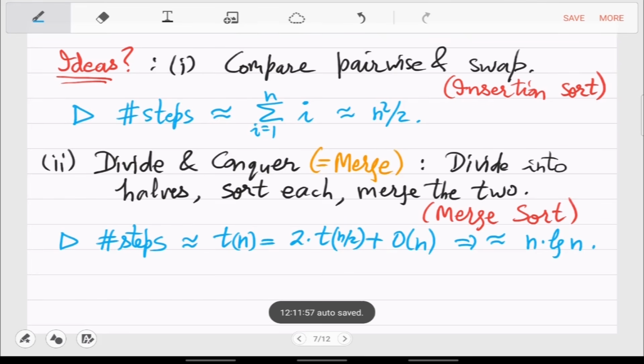This lg will always be log to base 2 in this course. So this complexity is some constant multiple of n times log n, which is extremely fast compared to n square. So this is the preferred way to sort big arrays. Right, so divide and conquer is a very useful paradigm.